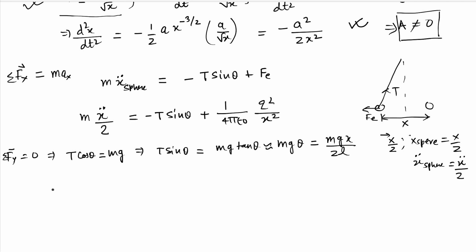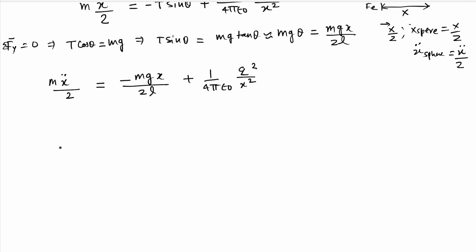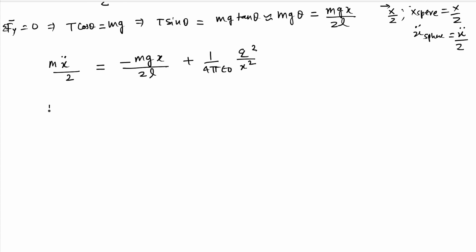So now if you plug that into the equation, it becomes m x double dot by 2 equal to minus mg x by 2l plus 1 by 4 pi epsilon naught q² by x². Now it continues with simplification: m x double dot equal to minus mg x by l plus 1 by 2 pi epsilon naught q² by x².